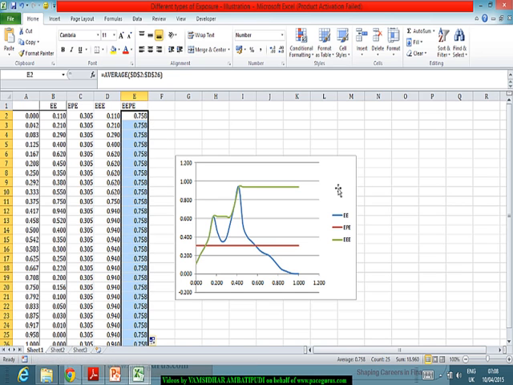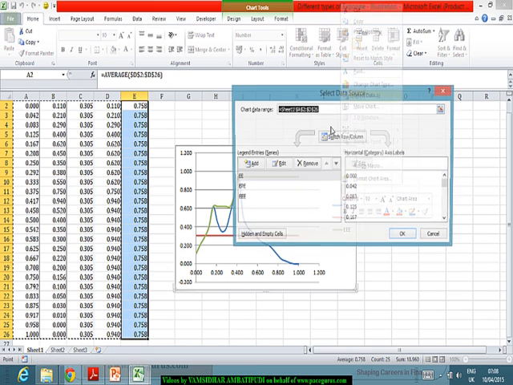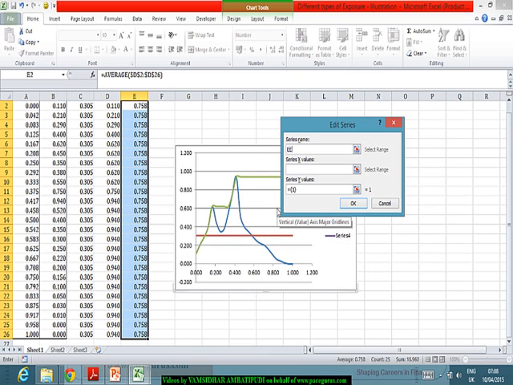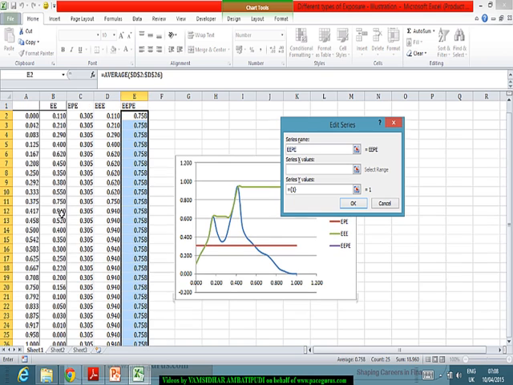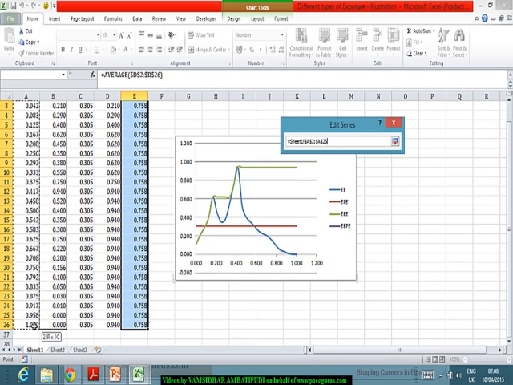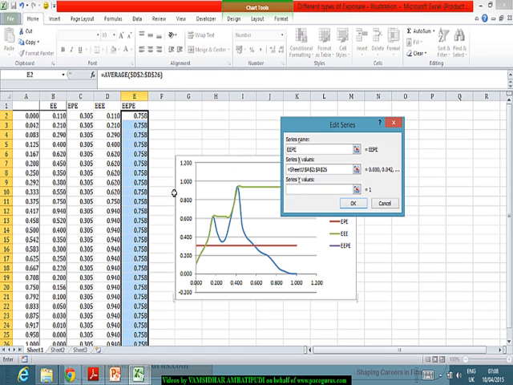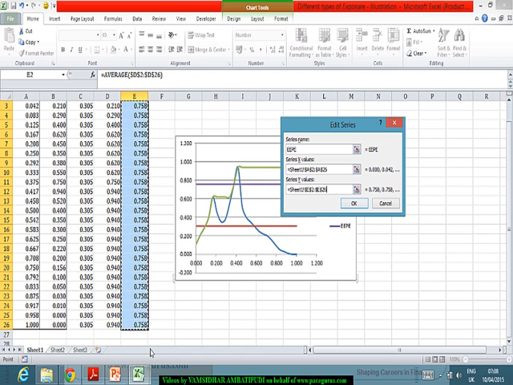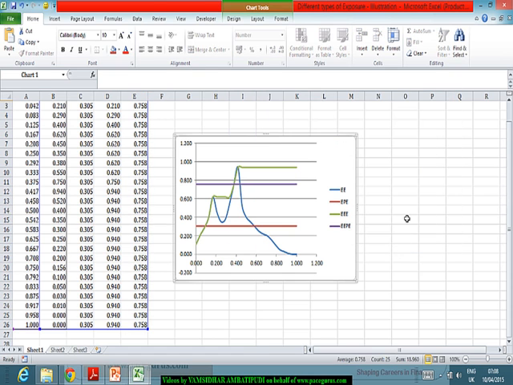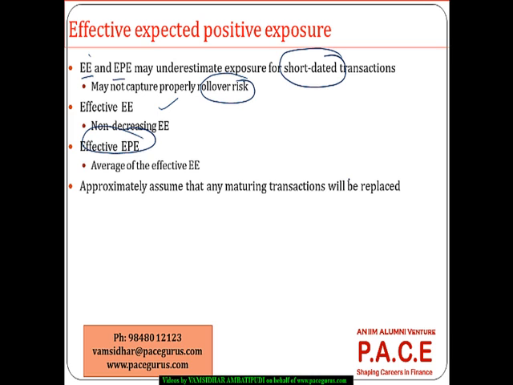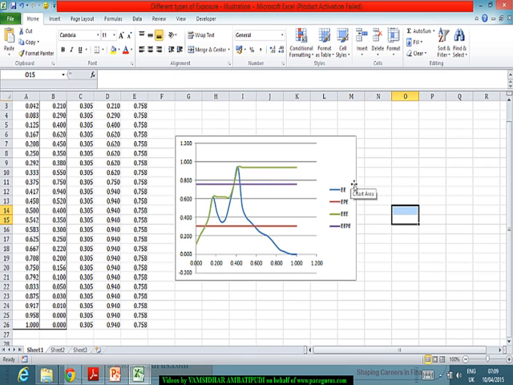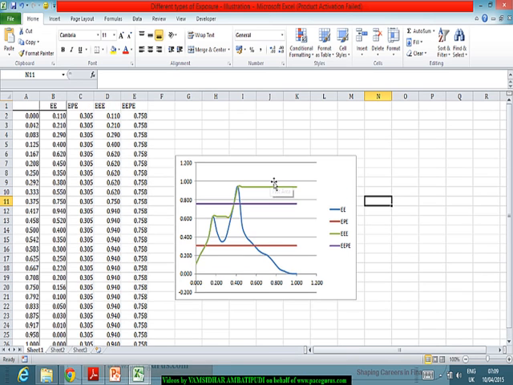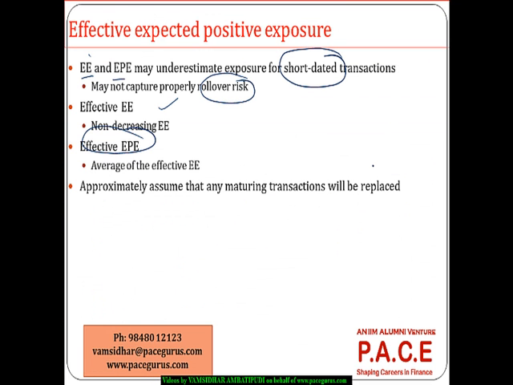Its x values are going to be the same, but its y value is going to be the effective expected positive exposure. So these are the four different kinds of numbers that we are looking at. Approximately this is assuming that all the maturing transactions are getting replaced, all the short term ones are getting rolled over, and that is the exposure that I am considering in these aspects.